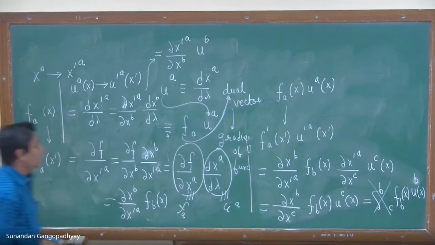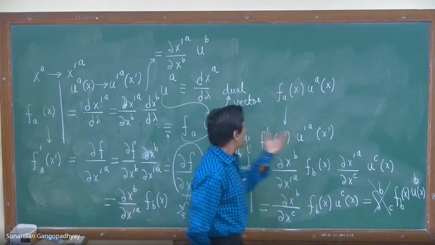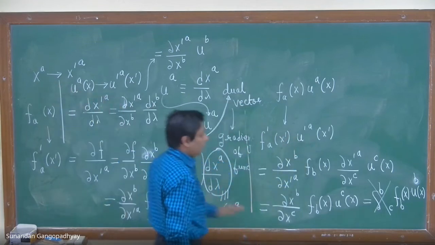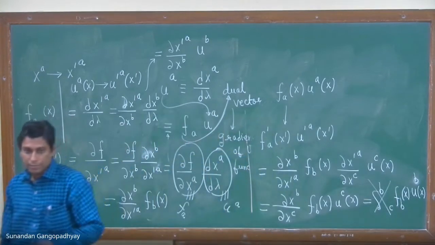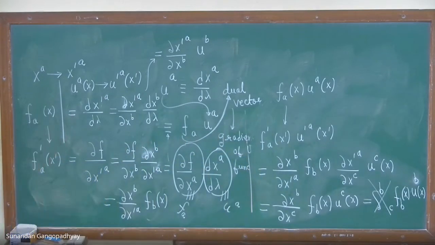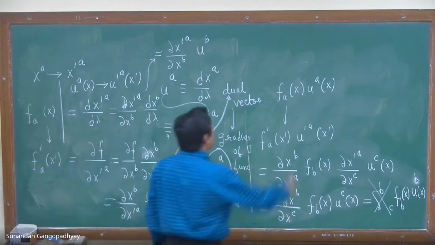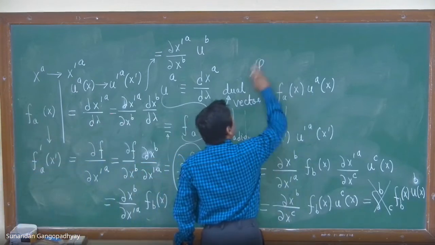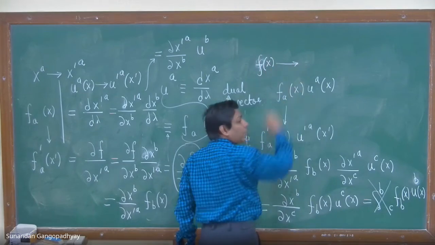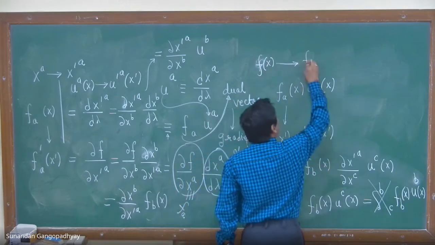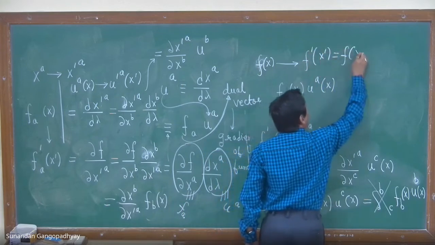So you can see that this object transforms under this coordinate transformation like a scalar. It does not transform at all. So this is the transformation property of a scalar. So what is a scalar basically? If you have a function f, function of x, under coordinate transformation, it will go to f prime x prime, and that will be equal to f of x.